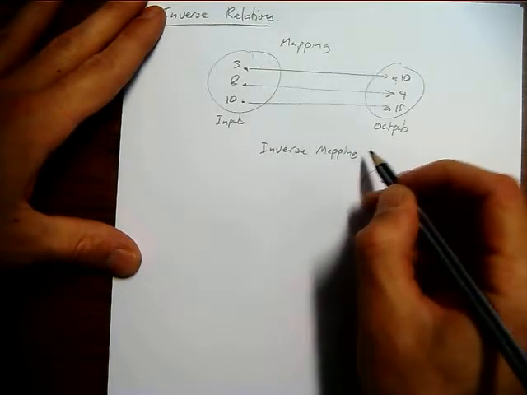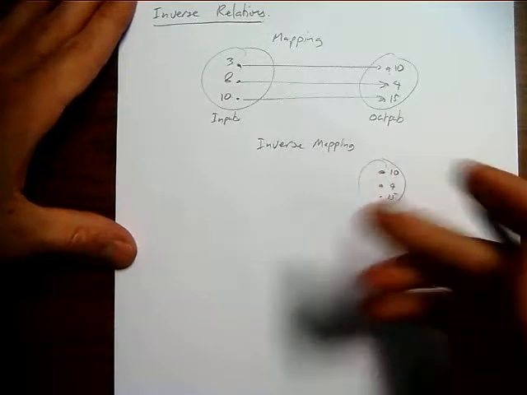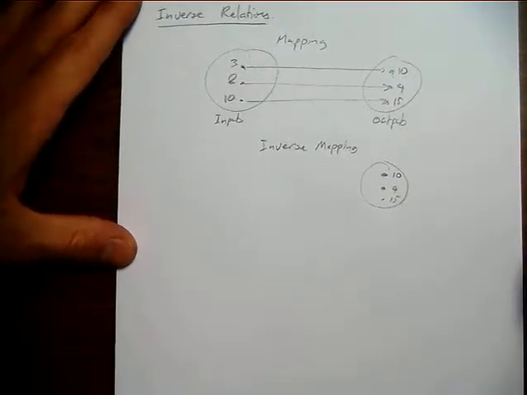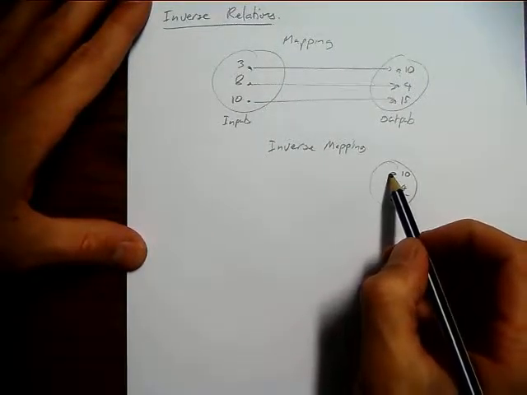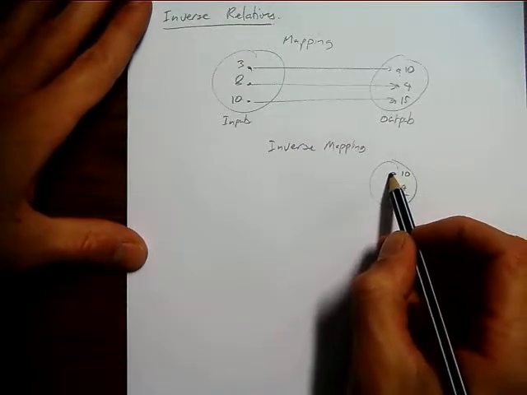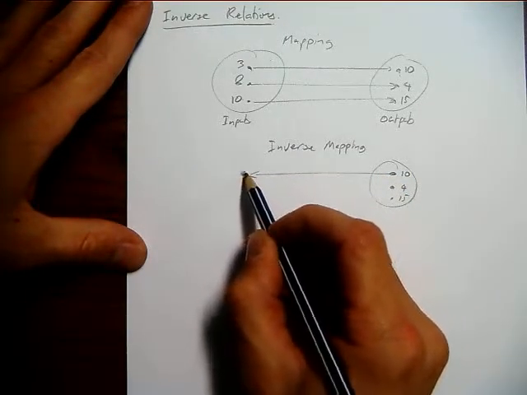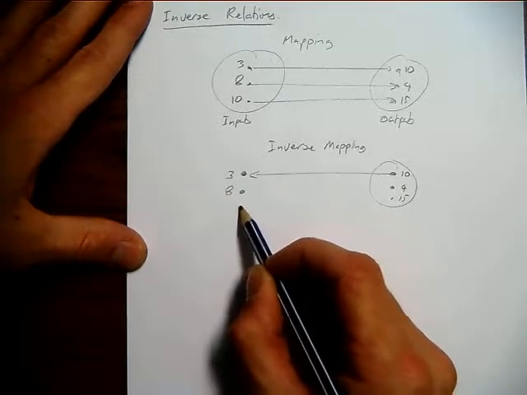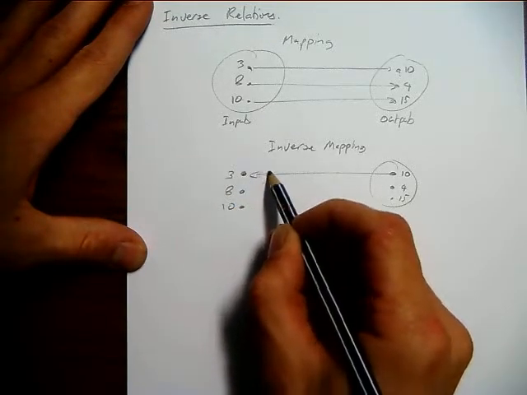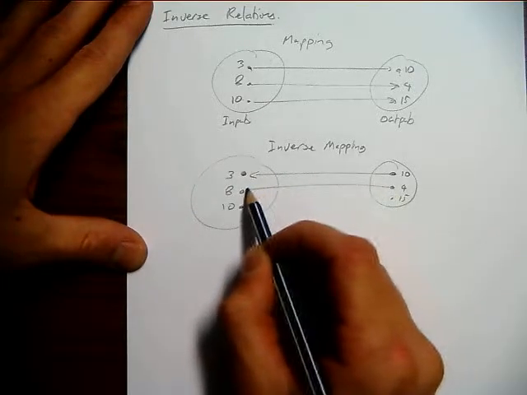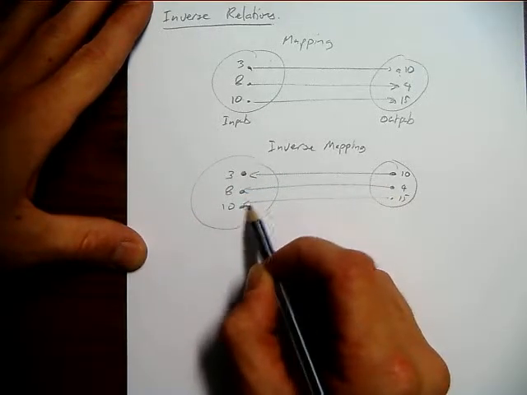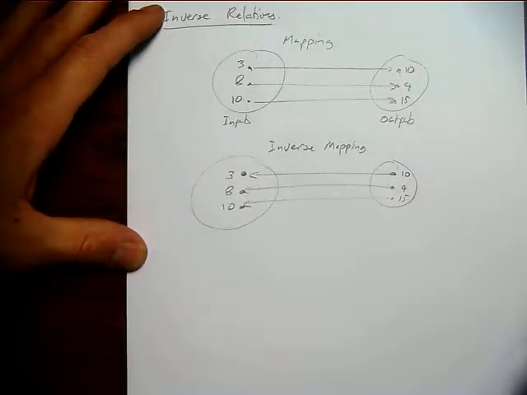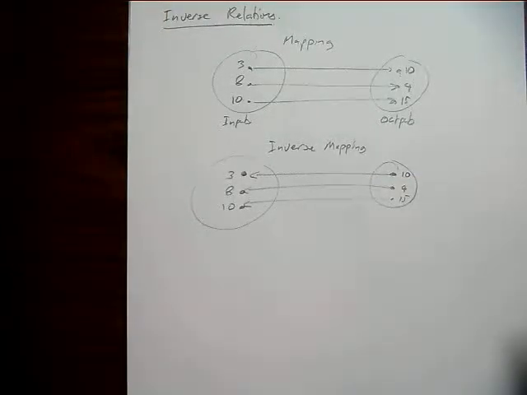It could be some sort of relationship, might not be a function, but if you gave it a 10, it would do the opposite and give you a 3, an 8, or a 10. This is called an inverse mapping. You get the idea of an inverse? The inverse is the opposite.